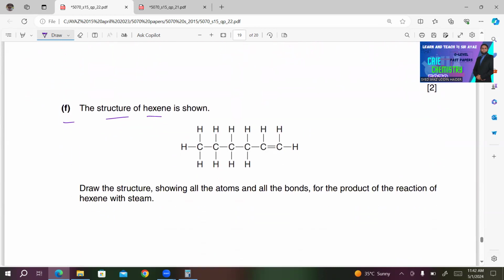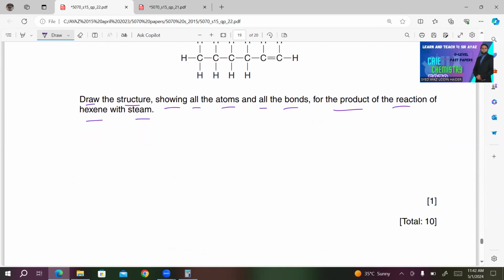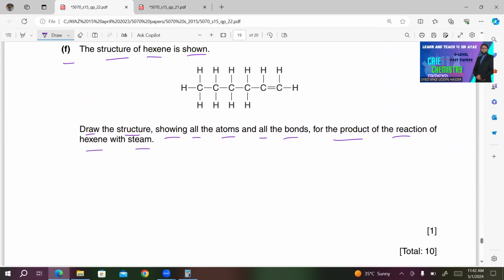F. The structure of hexene is shown. Draw the structure showing all the atoms and all the bonds for the product of the reaction of hexene with steam. You can draw one of these. When you react an alkene, this is hexene, with steam, you will get alcohol.